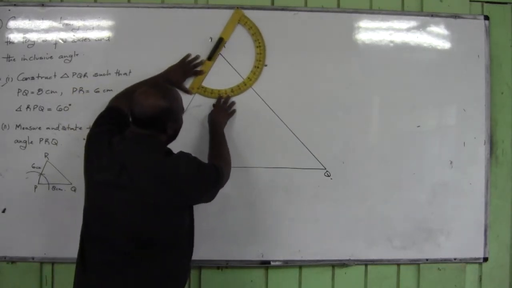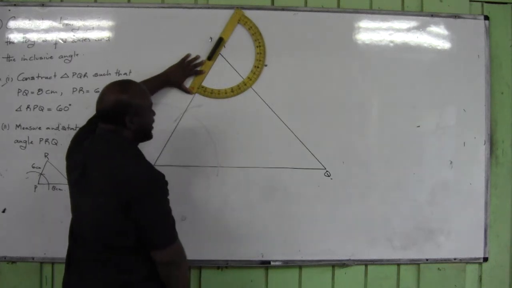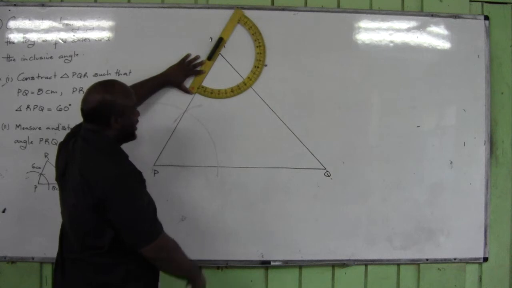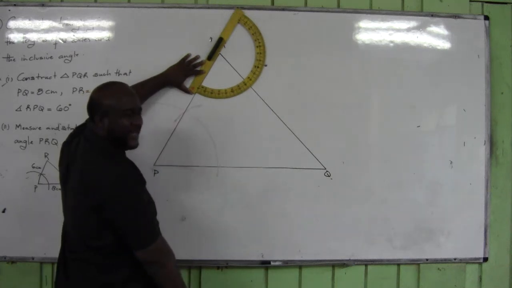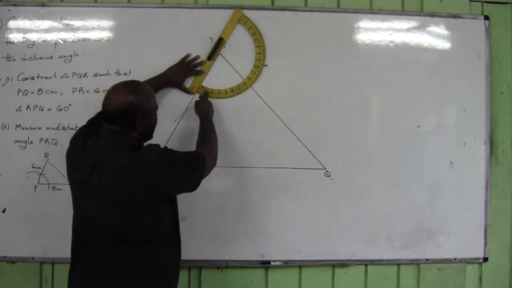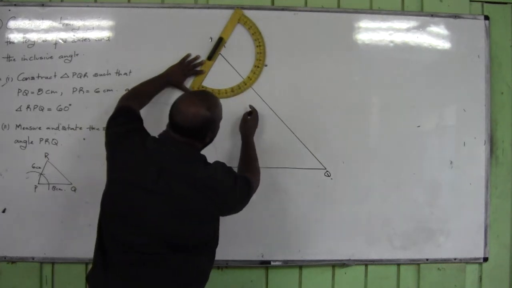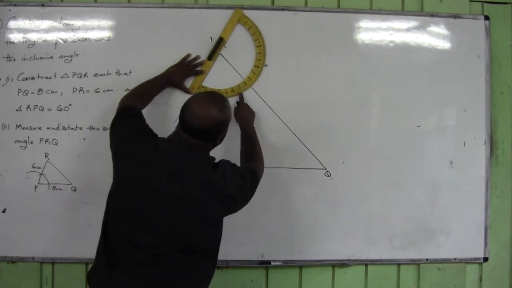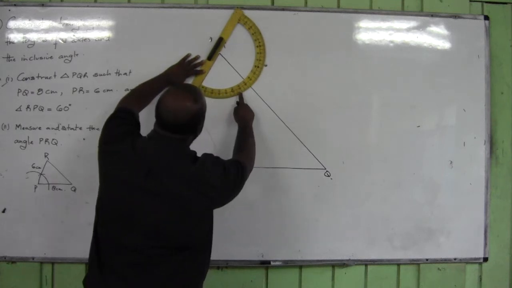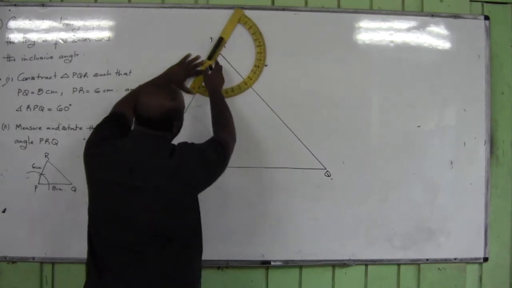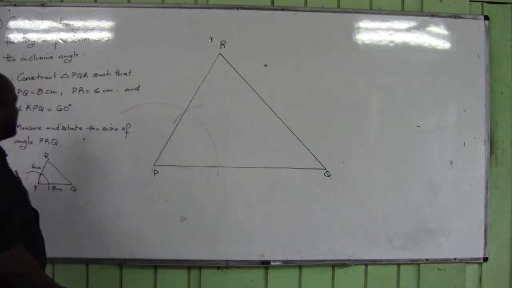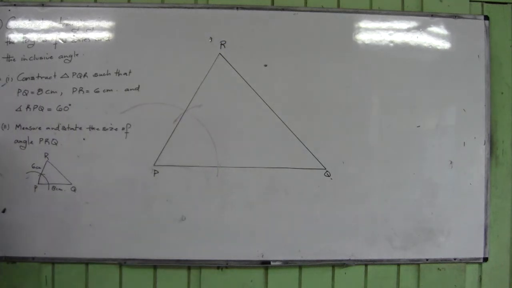Then I'm going to measure the angle using the scale that starts from 0. That scale for me is the inner scale. So it's 0, 10, 20, 30, 40, 50, 60, 70. Mine is 72 degrees.